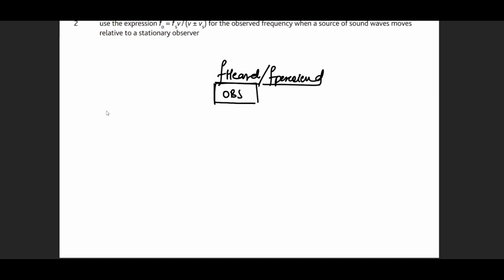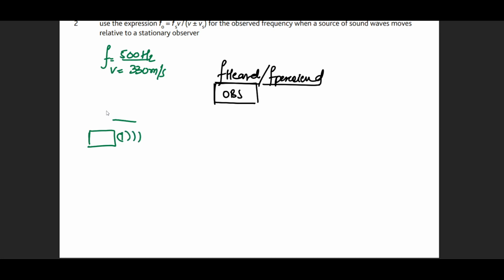For the sake of understanding, let's say that the standard frequency of the emitted sound is 500 hertz, and the velocity of sound in air is 330 meters per second. Say we have an ambulance or a car with a horn making a sound of 500 hertz.